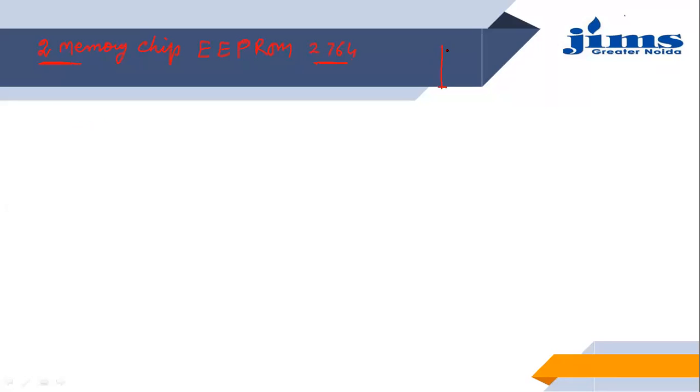The total address space available to you is 1 mega locations, and I want to put these two ICs starting from the address, supposing the starting address is FC000, a 20-bit address, and I wish to go on using up to the last address FFFFF, another 20-bit address.